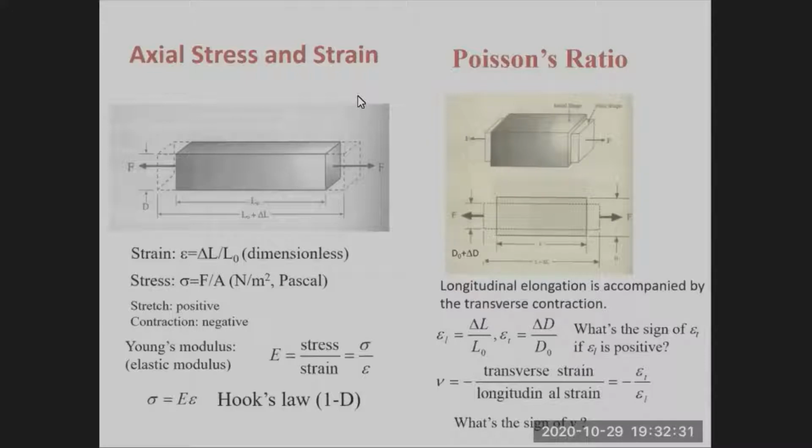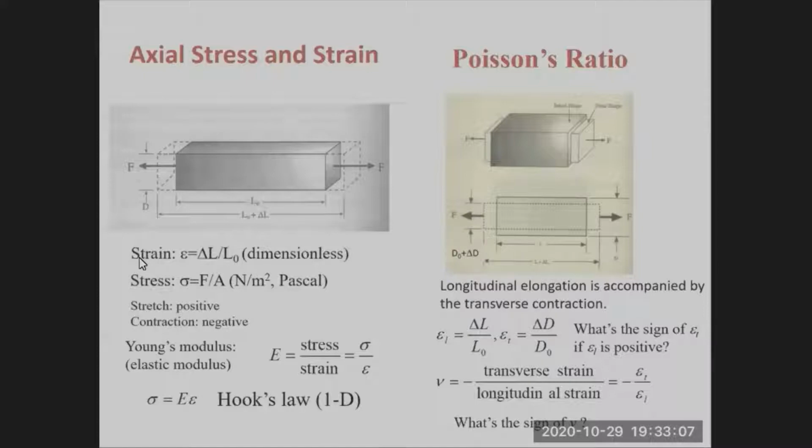Let's first discuss some very basic mechanical concepts, such as axial stress and strain, which we have already discussed previously. So we apply a force F to stretch the object shown in this figure. Its original length L naught is changed to L naught plus delta L. So this delta L is the change of the length.